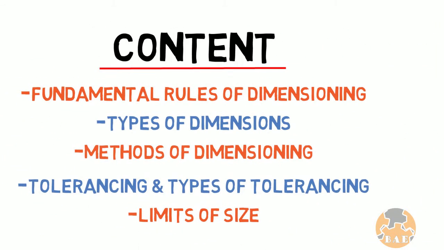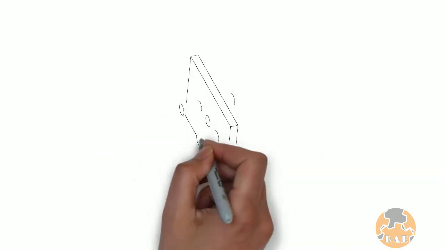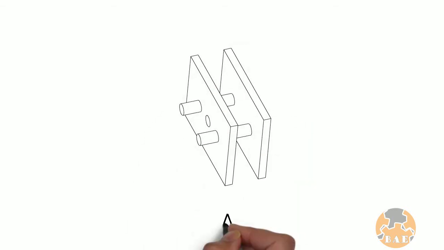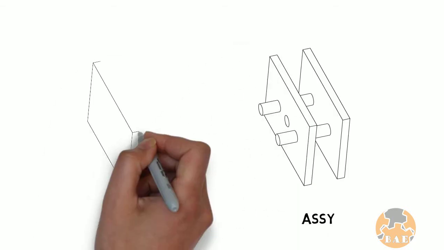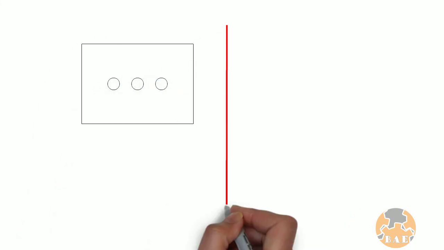Now we will see our next point, which is methods of dimensioning. Let's have an assembly like this. We will separate both parts. We are going to make a drawing for part 2. These will be the views.